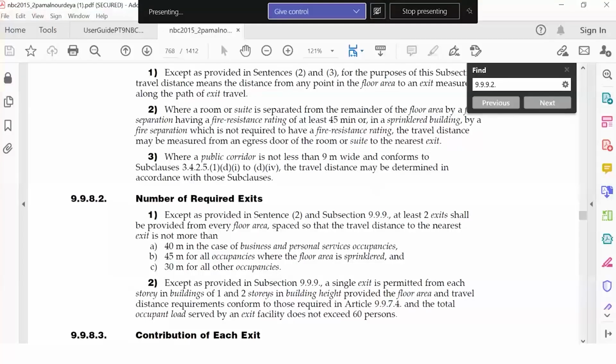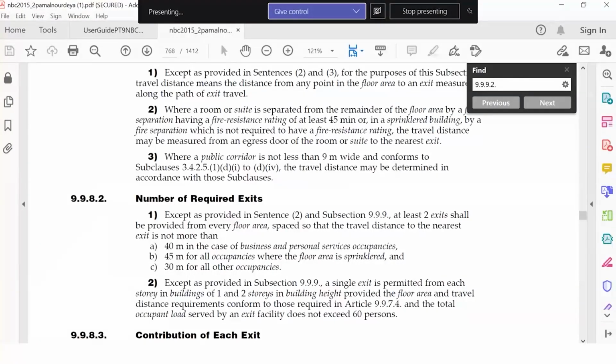Just a quick question, I'm always confused with this. In terms of exits, are we talking about the exit as a door or an exit area? For example, if we are measuring the distance from the door of the suite to the lobby area, which is part of the exit, do we measure to the lobby or not?